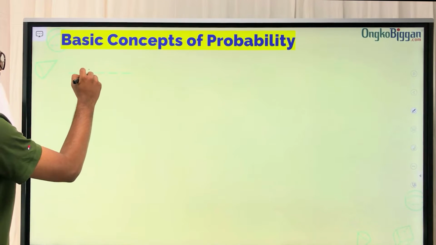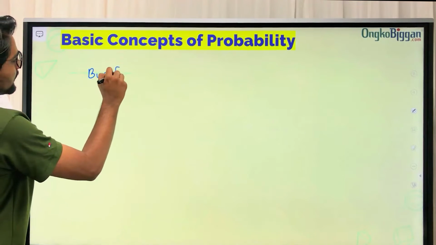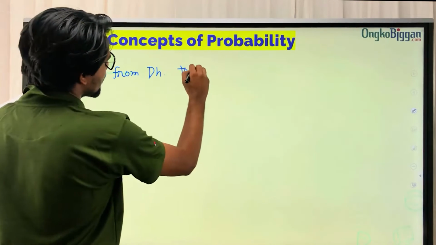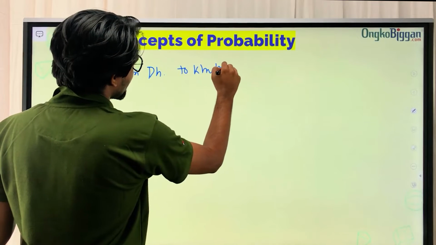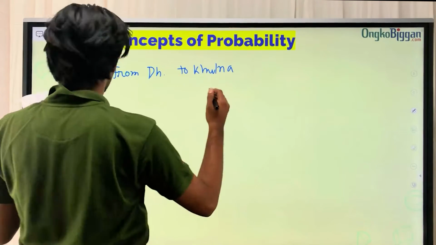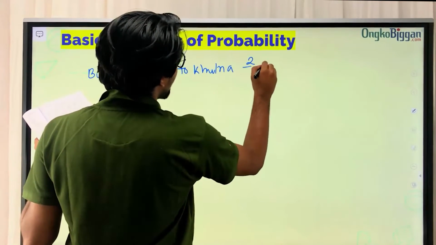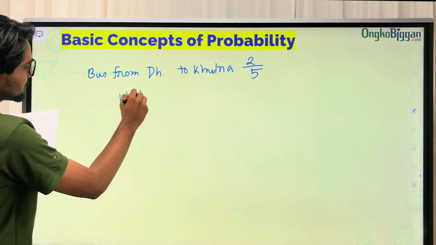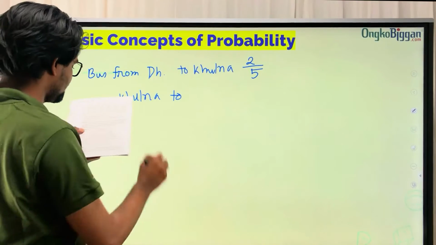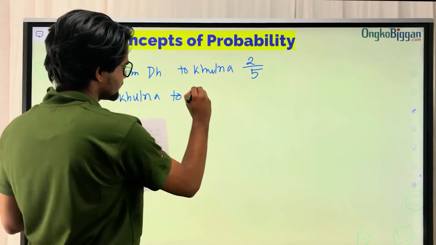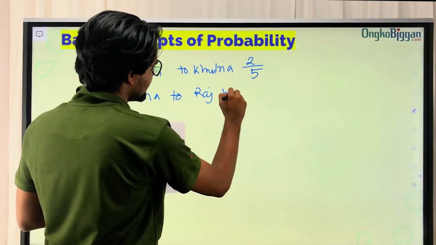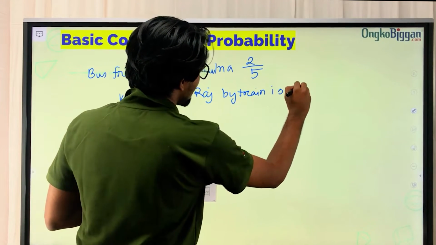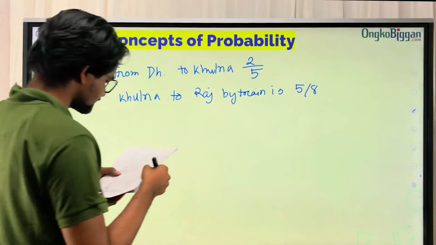So bus from Dhaka to Khulna is 2/5, okay, 2/5. And from Khulna to Rajshahi by train is 5/8. Okay.